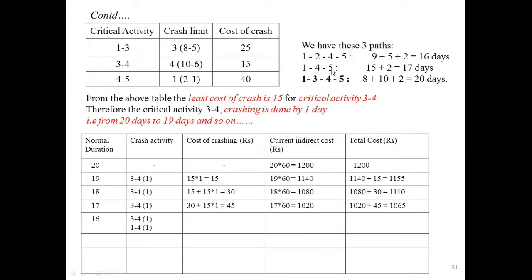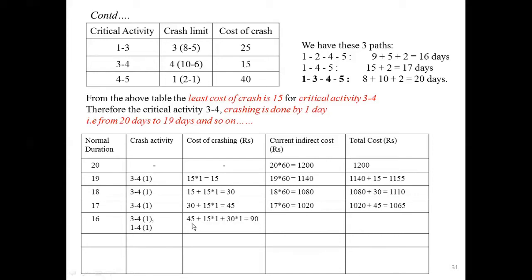In the table, the cost of crashing for 1 to 4 is 30, and for 4 to 5 is 40. The minimum cost is 1 to 4, that is rupees 30, and hence you have to take 1 to 4, for 1 day.